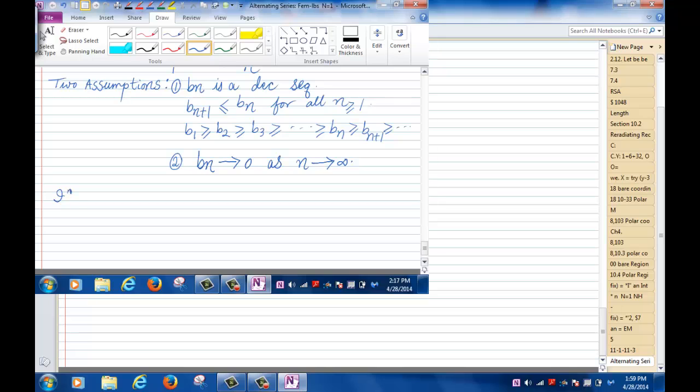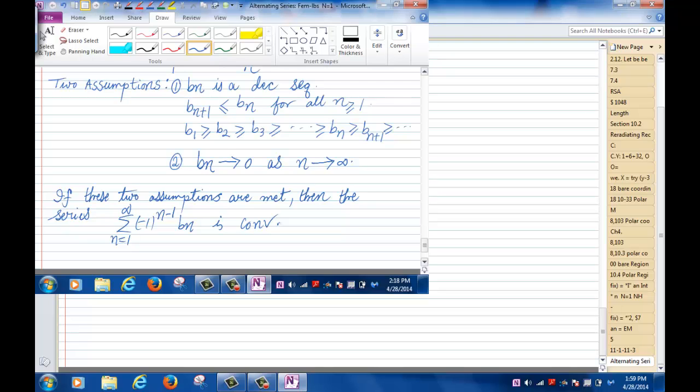If these two assumptions are met, then the series, which is the sum of negative 1 to the n minus 1 times Bn, n going from 1 to infinity, is convergent.